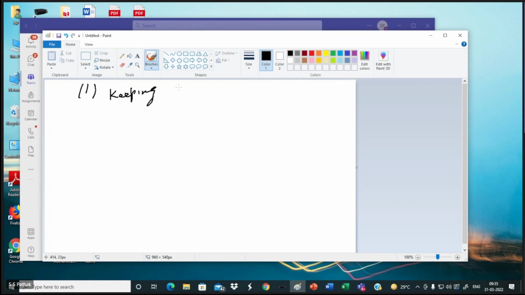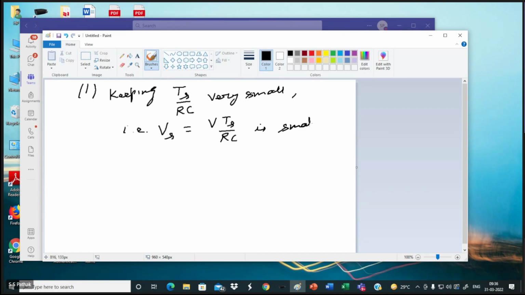Keeping Vs very small. This means Vs is small.